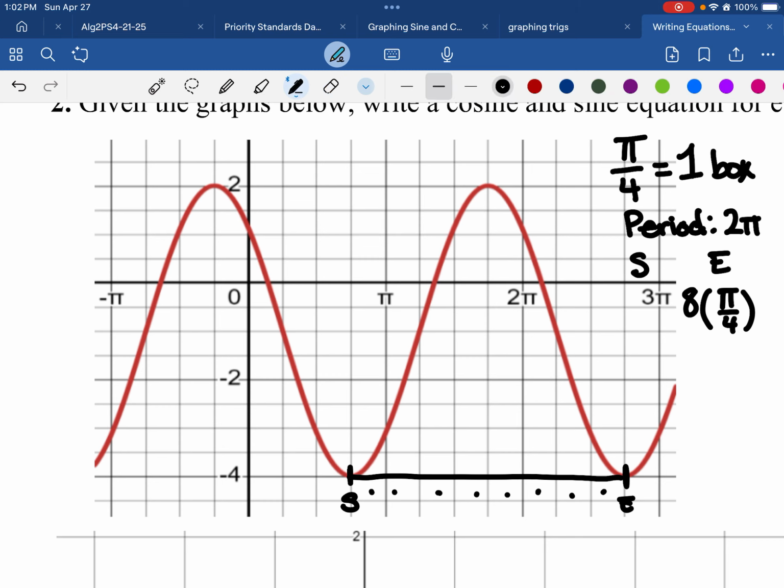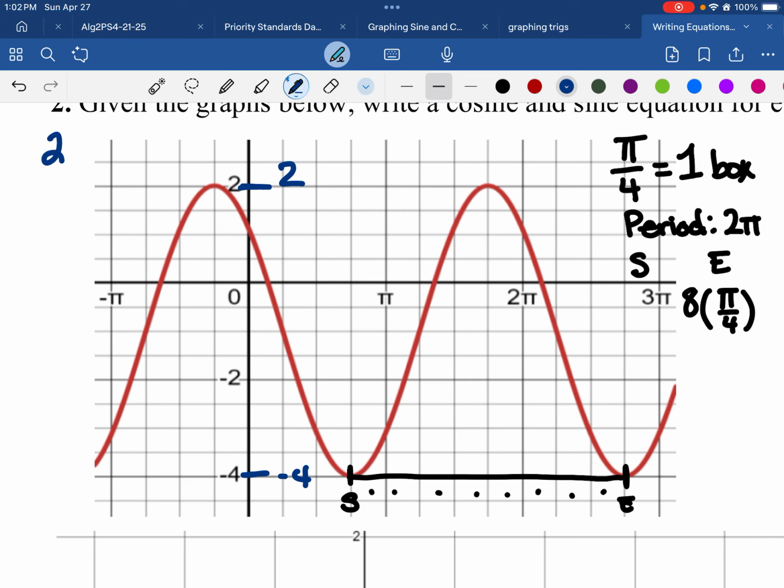The next thing you need to do is find your amplitude and your midline, which is your vertical shift. So you want to use a top number and a bottom number. The top number that I have is 2. Here is 2, here is -4. The distance between them, you can count boxes, but what I would do is just add them and divide by 2.